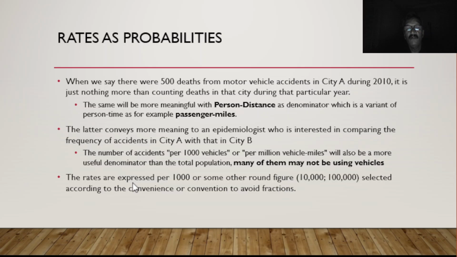So we can start anywhere from multiplying with 1,000, and when the number of events becomes less, you can escalate it to 10,000, 100,000, a million, just like in the case of acute flaccid paralysis nowadays, with polio being eradicated. So that is actually done to avoid fractions, which are a little bit difficult for typical medical professionals to understand.